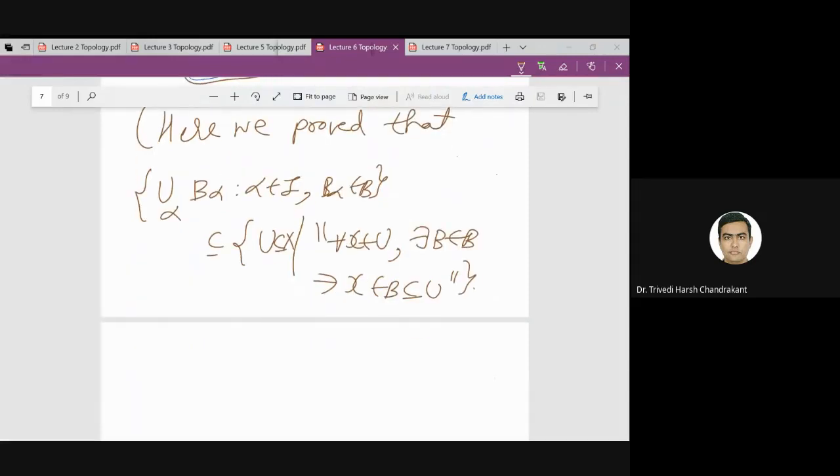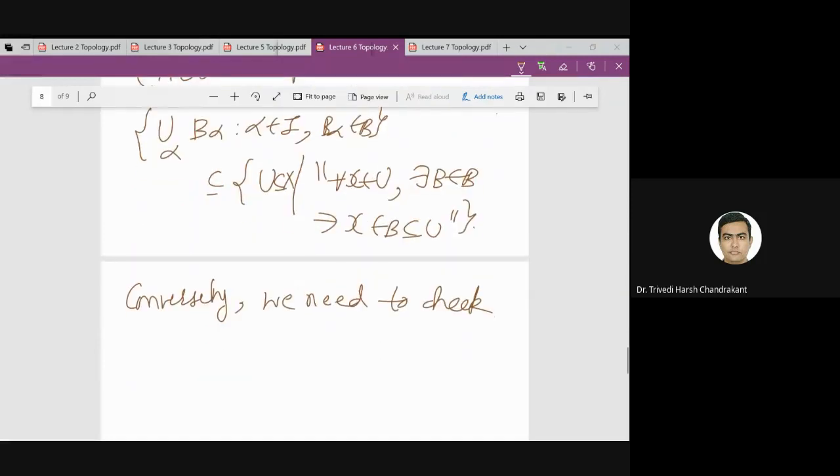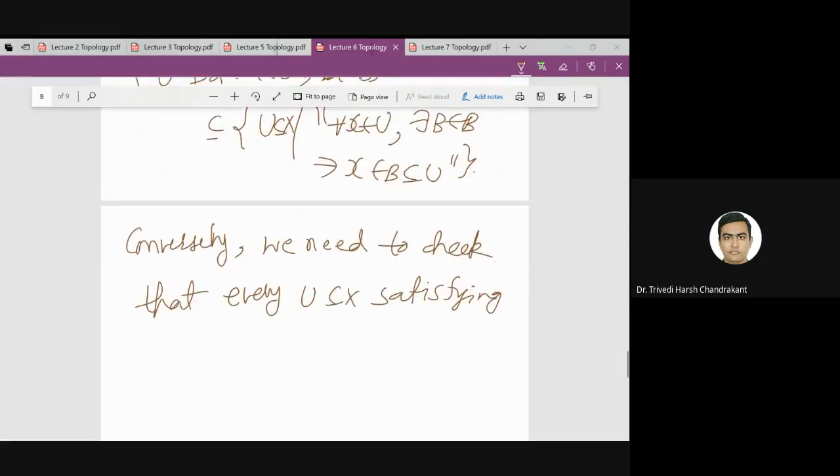So now conversely, we need to check that every U satisfying the property, so what is the property?